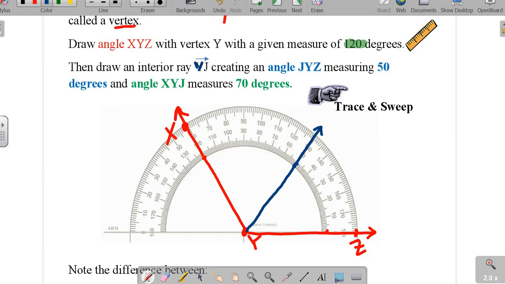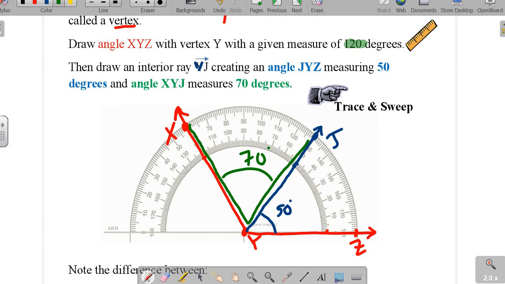It created an interior angle, which is 50 degrees, and XYJ, measuring 70 degrees. Now, if you look carefully, just like we had segment addition, we have here angle addition. The green plus the blue equals the red.